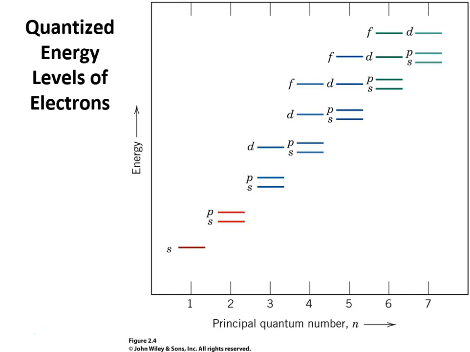Again, if you've taken general chemistry, this is something you've seen before. The first principal quantum number, which represents a low energy state or close proximity to the nucleus, can only have that spherical s orbital. At a higher energy, you get another s orbital, which can be thought of as nested, going further away from the nucleus.